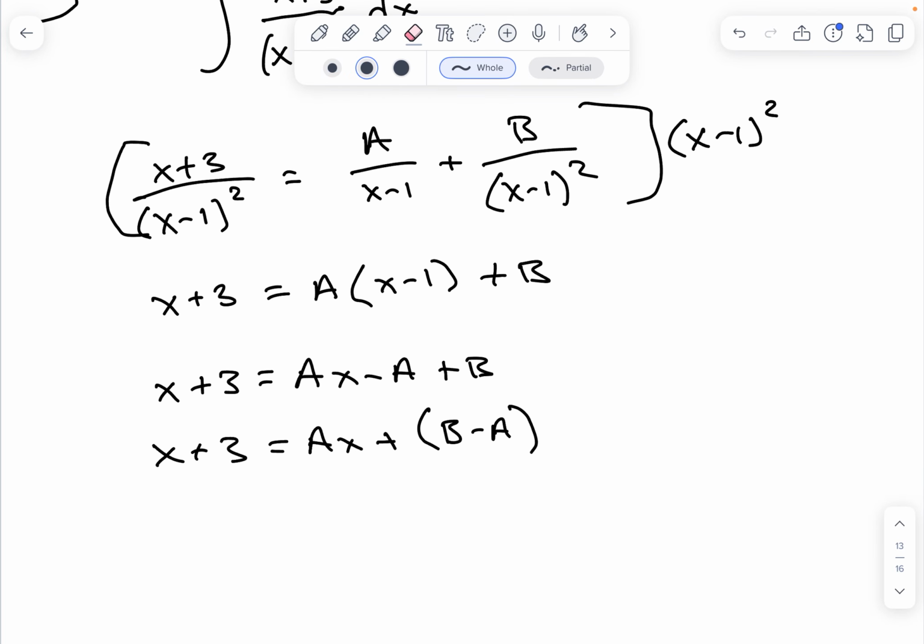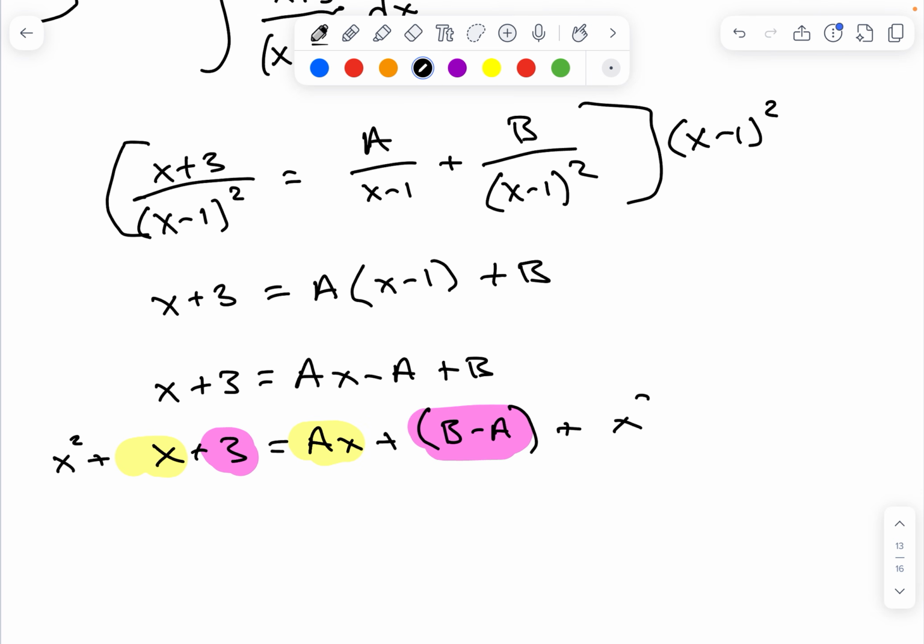And now I relate both my right side, so I have 1x is going to be compared to Ax, and then I have my 3 is related to my B minus A. Now, if this left side had something like an x squared, then I would need to see if there's a term that also had an x squared, and then I would relate these two terms together.